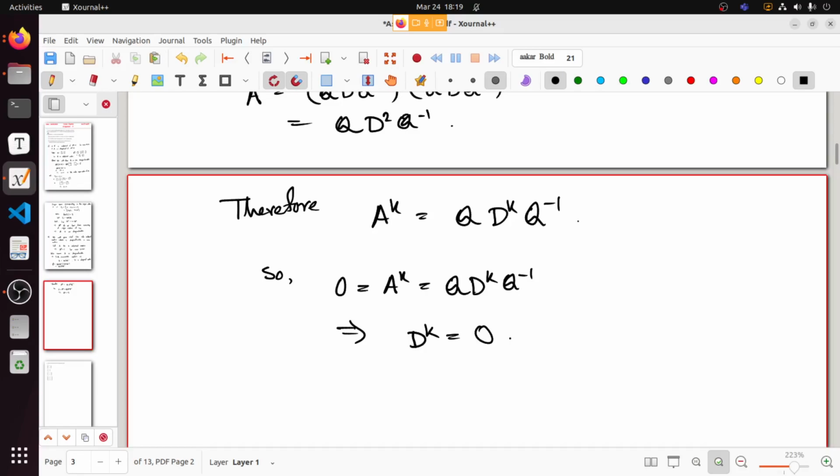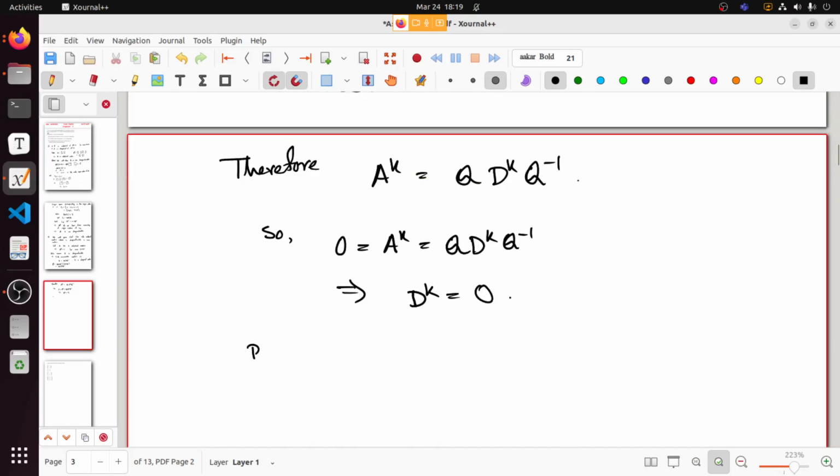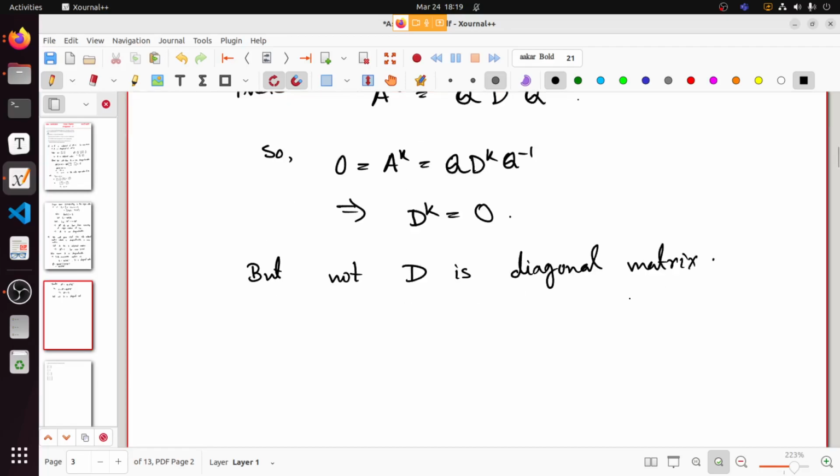But note that D is a diagonal matrix, and its kth power is 0, which means D should be the 0 matrix. So D to the power k equals 0 implies D will be 0, because the entries' kth powers are 0. If an entry is non-zero, its kth power is non-zero.